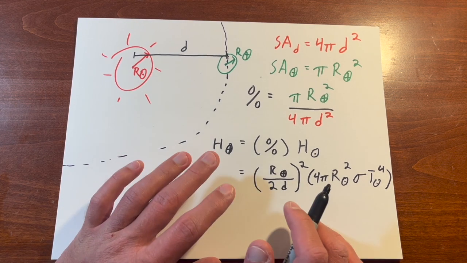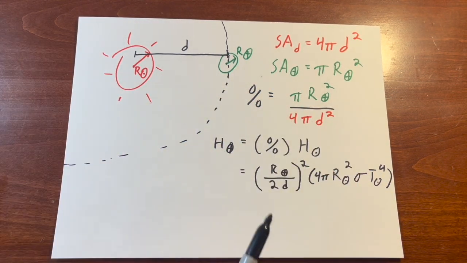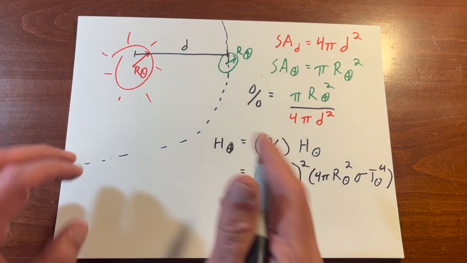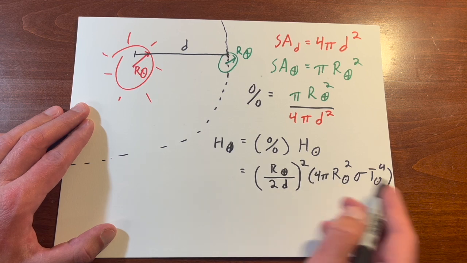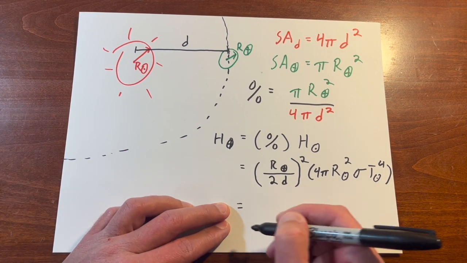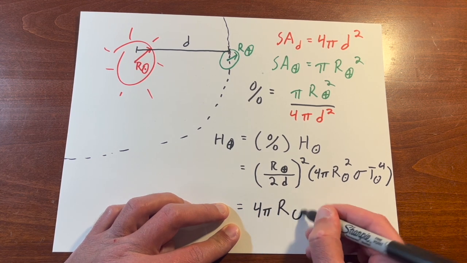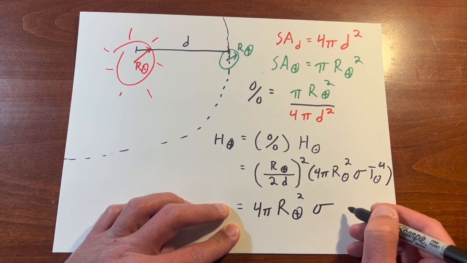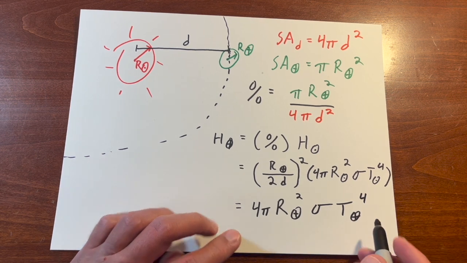Now, to find the temperature of the Earth, let's consider now the Earth as a black body that is going to re-radiate, not as a disk, but as a sphere, kind of like how we treated the sun here. So we're going to say that this here is equal to 4 pi, this time radius of the Earth, squared, Stefan-Boltzmann constant, temperature of the Earth to the 4th.